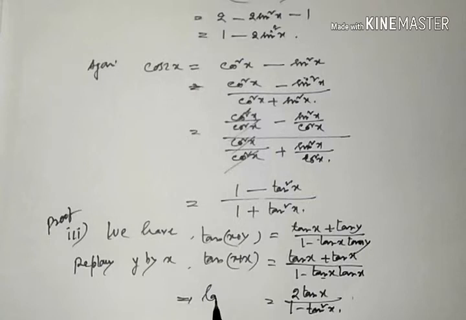This we can write: tan 2x is equal to 2 tan x by (1 minus tan square x).